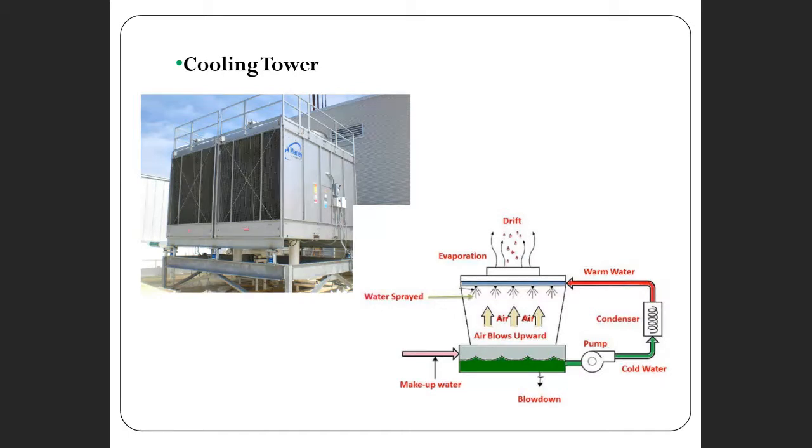That evaporated water needs to be made up for. We have makeup water, so that's often a fairly substantial water use in the building as well. It could be larger than the domestic water use in many parts of the country. So we have to think about that as well.